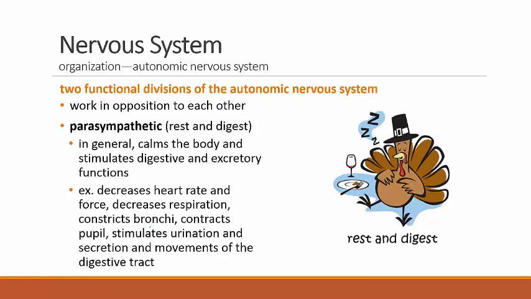So here we see that opposition to everything sympathetic, with a decrease in heart rate and force, a decrease in respiration, constriction of the bronchi, contraction of the pupils, and the urge to urinate, or movements within the digestive tract. Those are all common characteristics, and lots of secretion of digestive juices that might be inhibited if the sympathetic division is in control. So parasympathetic and sympathetic working in opposition to each other.